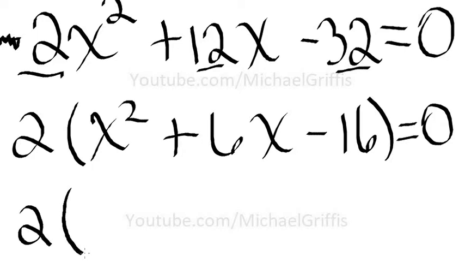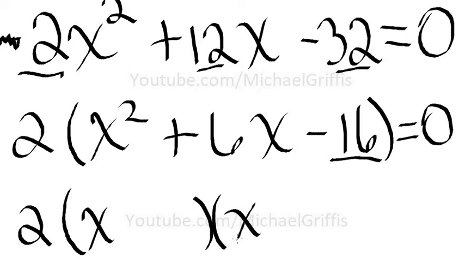Now, what do we got going on here? We got a 16. Two numbers multiplied together give us negative 16, so one of them is going to have to be negative. And then when we add them, we get 6. Let's go ahead and write what we know here.